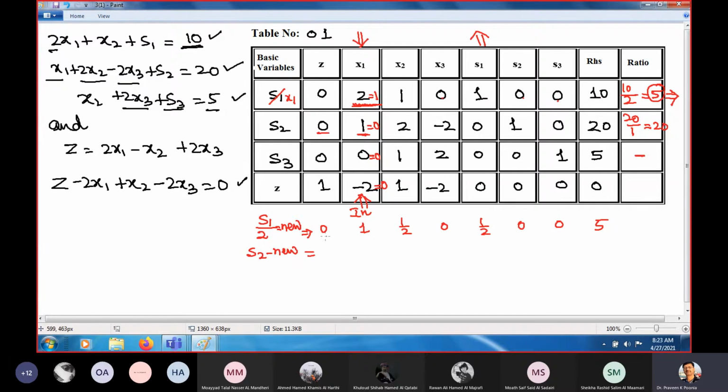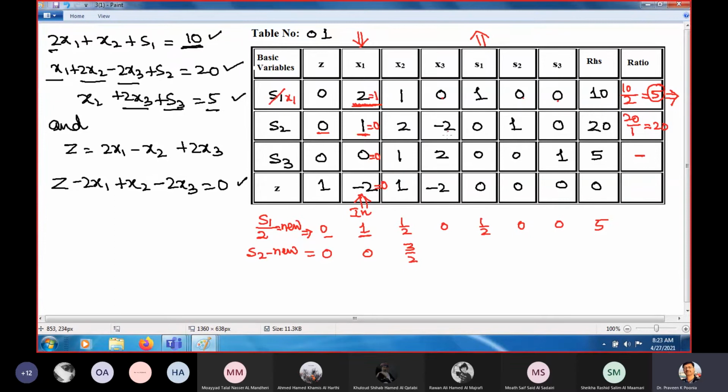So 0 minus 0 is 0. 1 minus 1 is 0. 2 minus 1 by 2: how can we calculate it? 2 times 2 is 4, minus 1, upon 2. It is 3 by 2. This is how we are calculating. Clear? So the answer is 3 by 2.